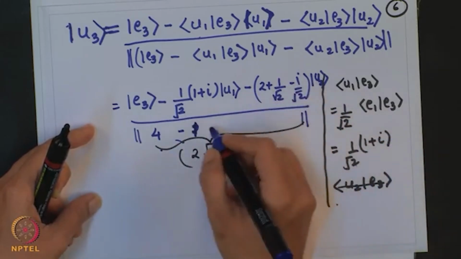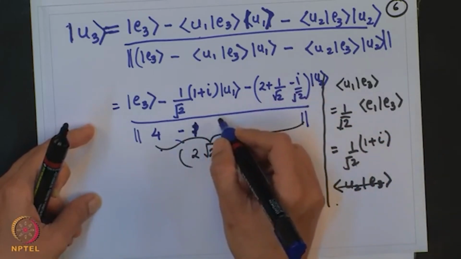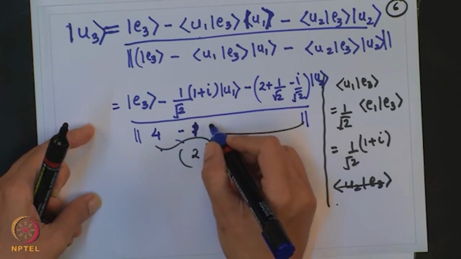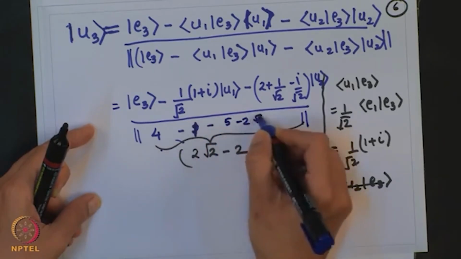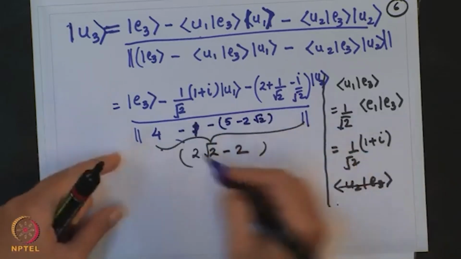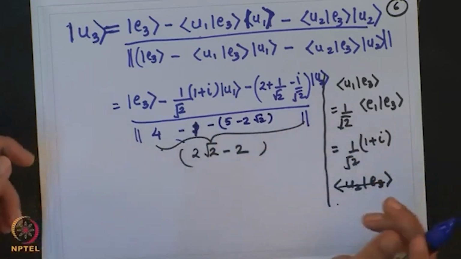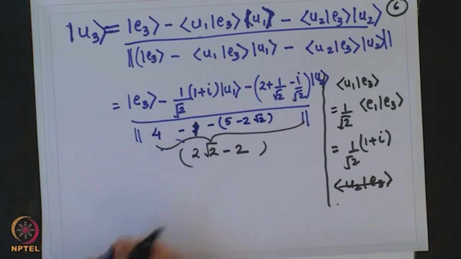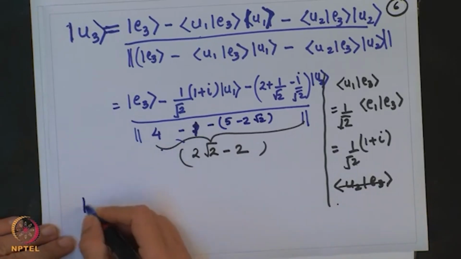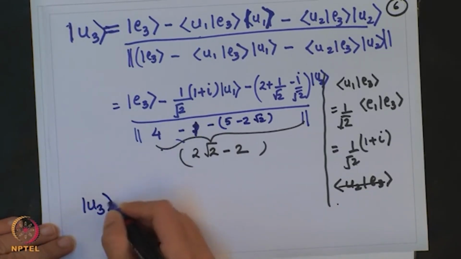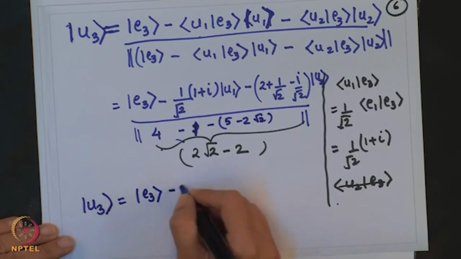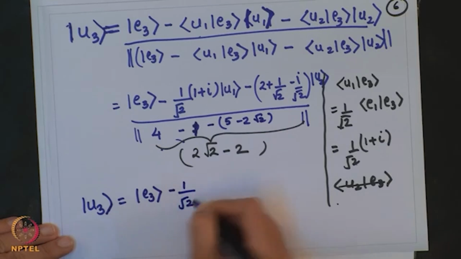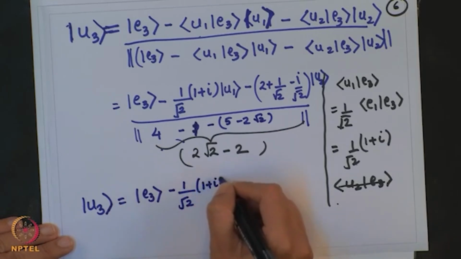Then the square of this term, which will result in minus 5 minus 2 root 2. Okay. Then again you further simplify and obtain the denominator. So, the final expression for U3 will be E3 minus 1 by root 2 1 plus I.